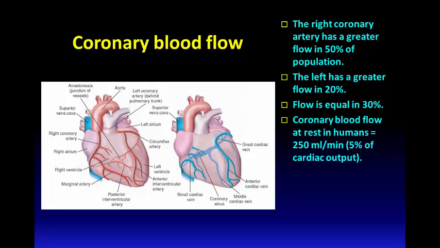Coronary blood flow at rest in humans is approximately 250 milliliters of blood every minute, and this is equivalent to 5% of the cardiac output. Thus, the heart receives approximately 5% of the cardiac output at rest, and we mentioned this at the beginning of the lecture.